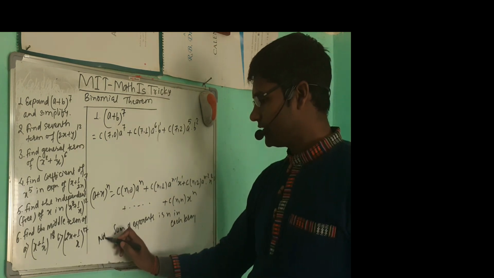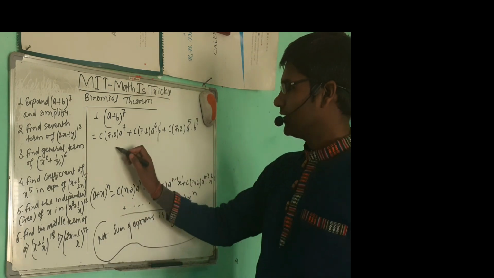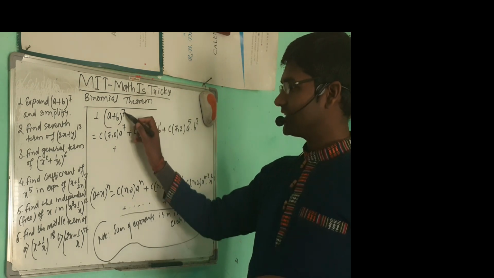Note down, and so it will be easy for you. Now the next term will be, as I told you, the n plus 1 term, here 7, so 8 terms will be there.